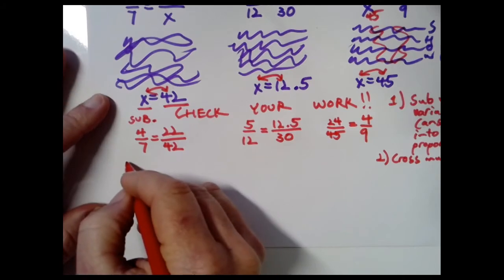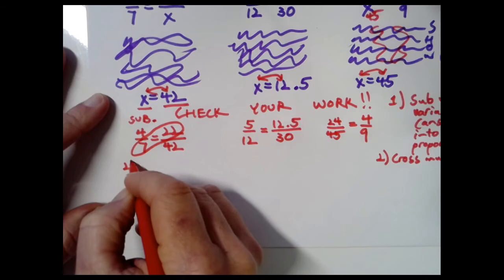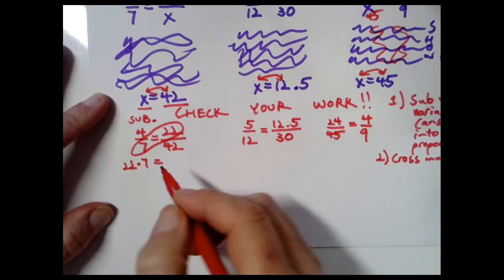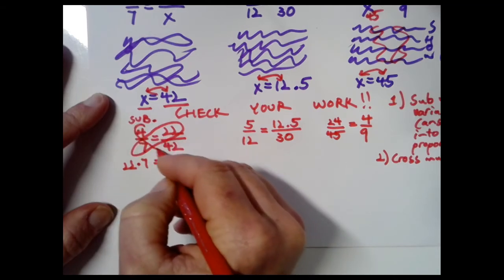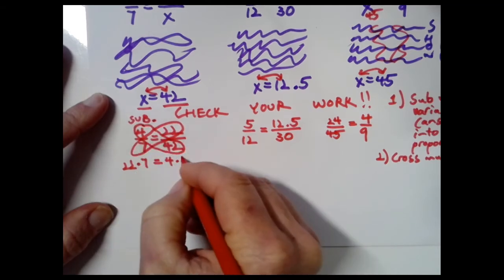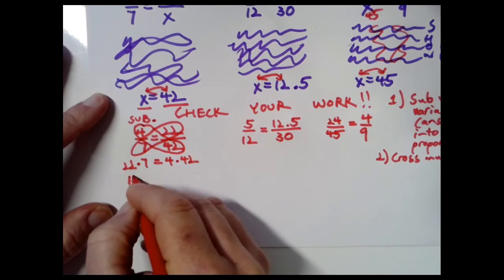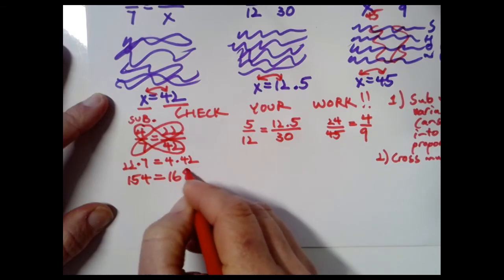That means I'm going to have 22 times 7 on one side of the equal sign. Doesn't matter, as long as on the other side I have the other cross product of 4 times 42. So this makes 154, and this makes 168.